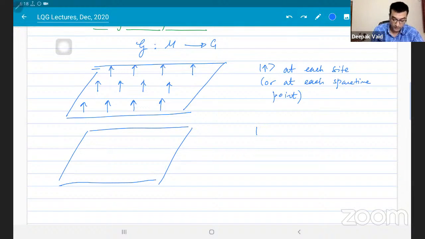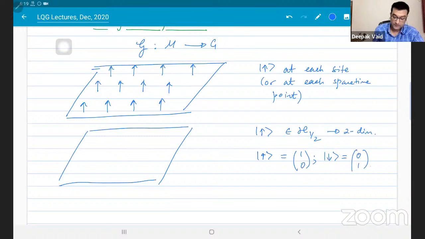If we talk about a spinor, it lives in a Hilbert space, and that Hilbert space is the space of a spin 1/2 particle, and this is two-dimensional. So we would write the up state as (1, 0) and the down state as (0, 1).